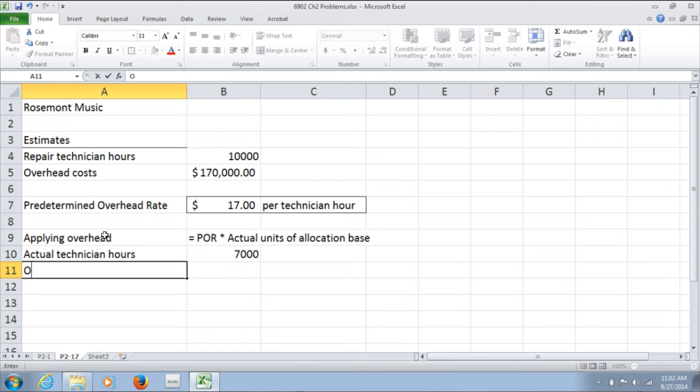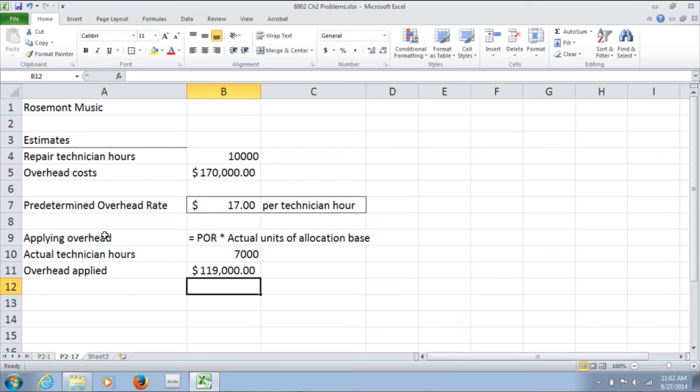So that means the overhead that was applied would be the product of the $17 per technician hour and the 7,000 hours actually worked, or $119,000. So that's how much overhead was charged based on this cost driver, the technician hours, as a cause of overhead.